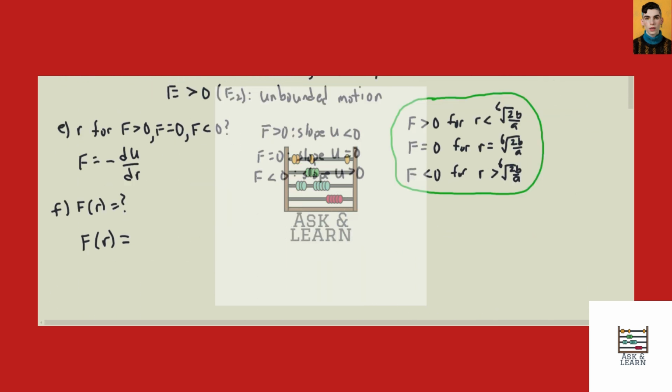So just the first derivative of that function, and we'll get 12b over r to the 13th minus 6a over r to the 7th. And that will be our answer for part F.